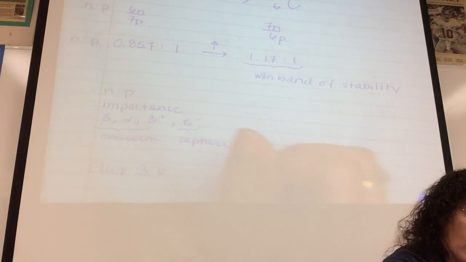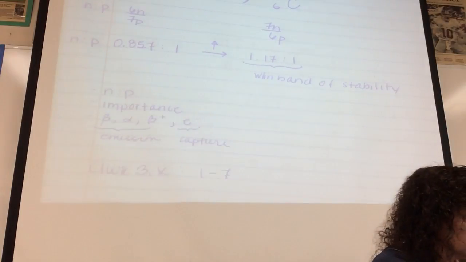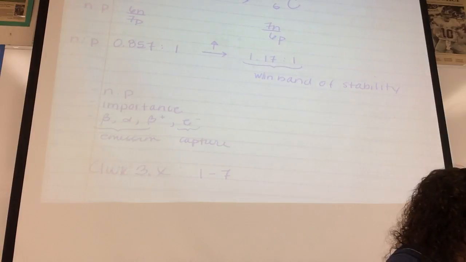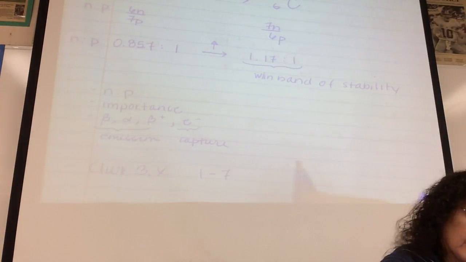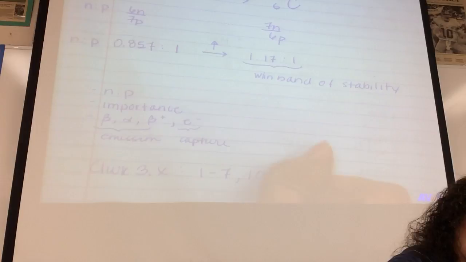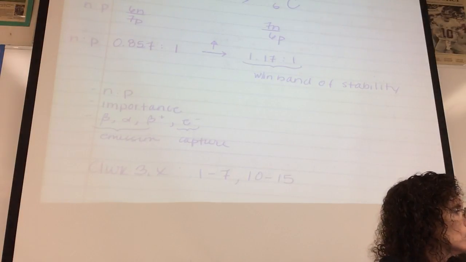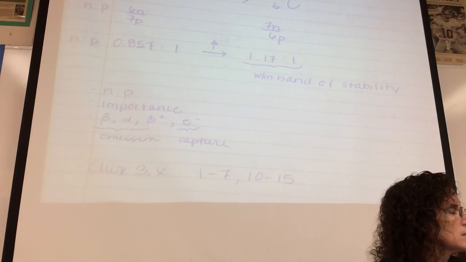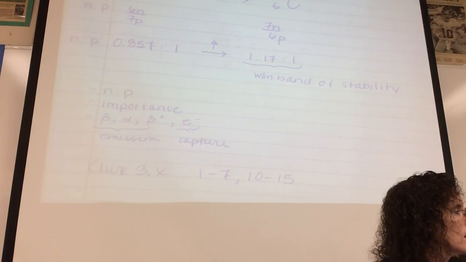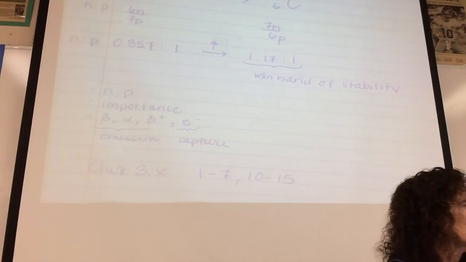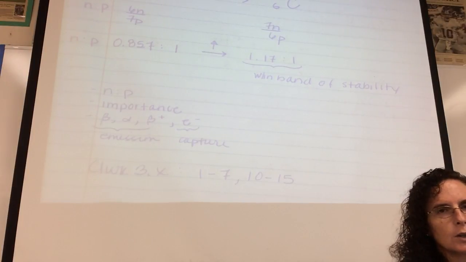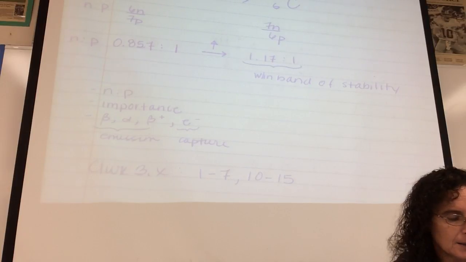You can do 1 through 7 on the front, and you can do 10 through 15 on the back. And in the next lesson, we'll be addressing radioactive decay rates, which is very simple. You'll be strong there. And we'll talk briefly about fission and fusion, but really just the decay rates. That'll be a very short lesson that we'll look to do after your test.